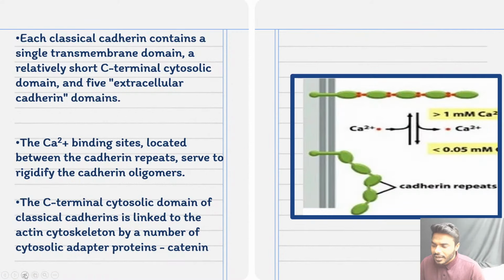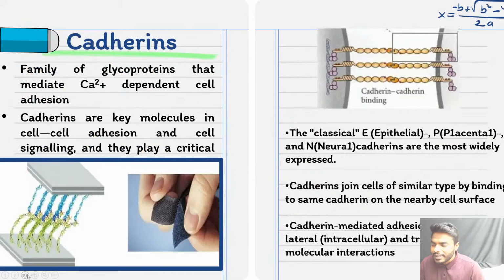And friends, there are many types of cadherin molecules. Listen to me, don't get confused. Based on the tissue where they are very widely expressed, we categorize the cadherins into different types: E, P, N. I am not saying that there are only three types of cadherins.